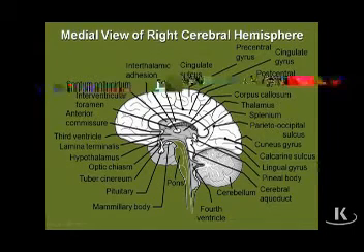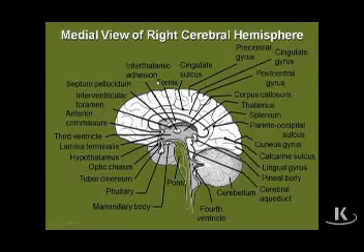Now, since that's only half of the homunculus, what this means is when we look at the medial view of the right hemisphere, there must be medial extensions of these same gyri, and there are. You can see on the medial aspect of this hemisphere, even though it's not labeled, the little line that's situated right there underneath my arrow is an extension of the central sulcus. And on the medial aspect of the right hemisphere, it again partially separates a medial extension of the precentral gyrus from a corresponding medial extension of the postcentral gyrus.